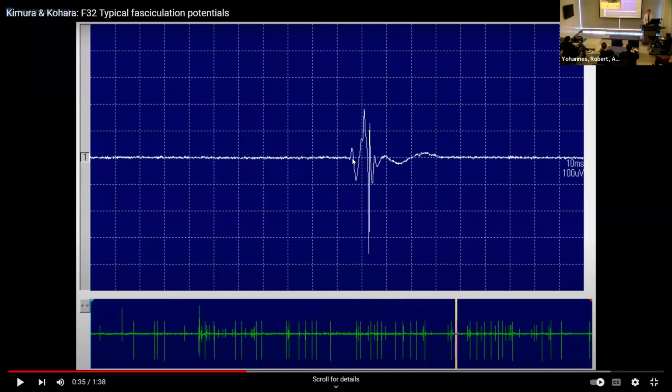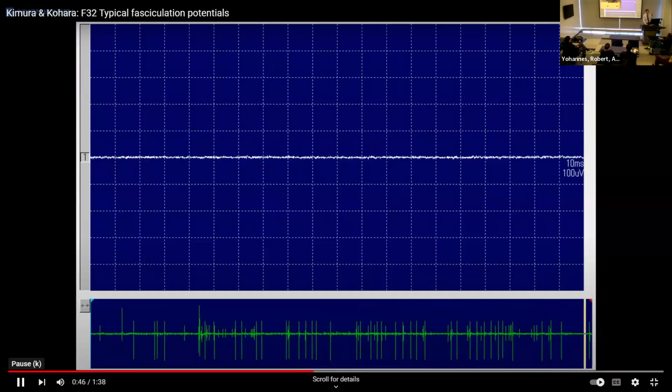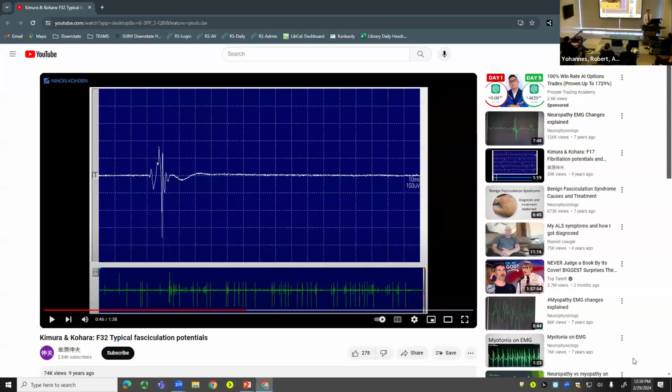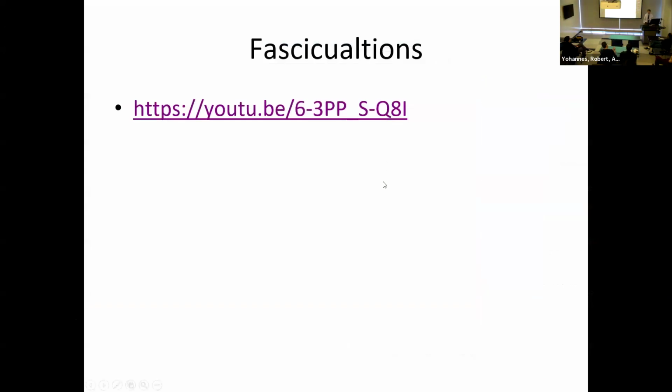And if you look closely, we saw different shapes on the screen. Notice how some of them look bizarre like this, and some look bizarre in a different way. I'll do my best to catch one here. So a different shape. So low thumps sounding like popcorn, these are what we call fasciculations.